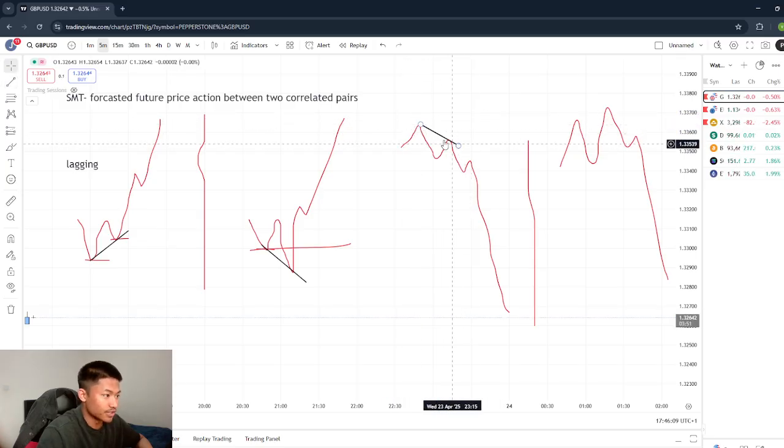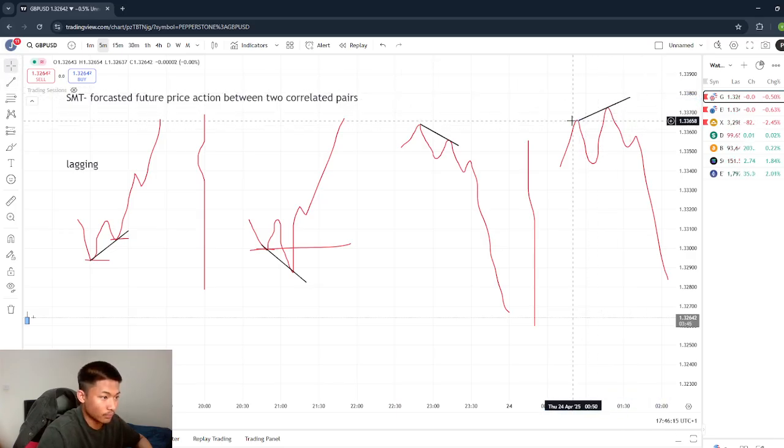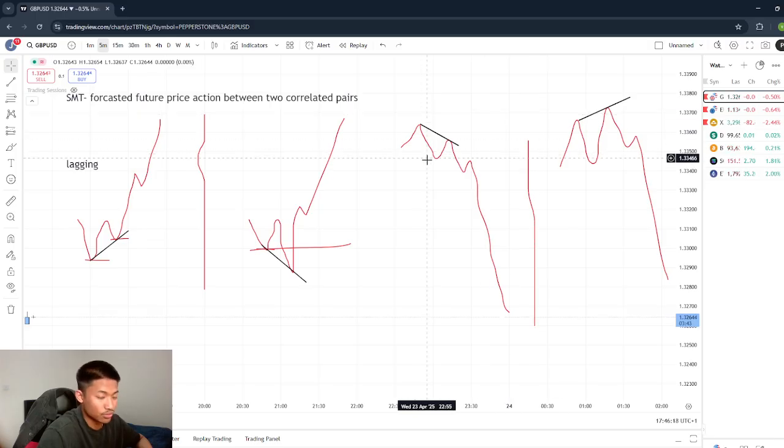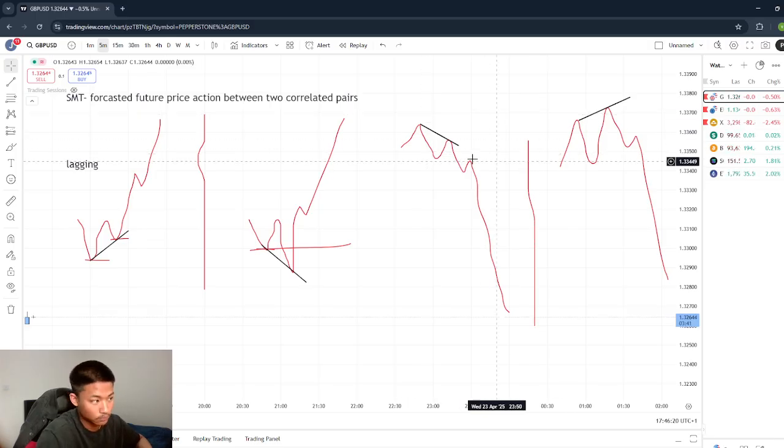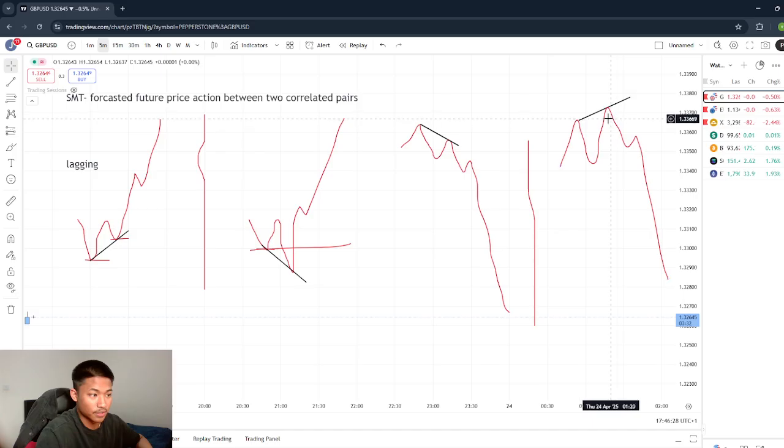We don't get higher highs, we get lower highs. Whereas this one, we do get the higher high, and we get the sweep of liquidity. Yeah? So which one's our lagging index? This one. This is our lagging index. Okay? So by the time this has started plummeting, we're going to find an entry within this.